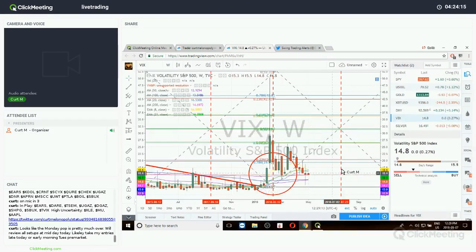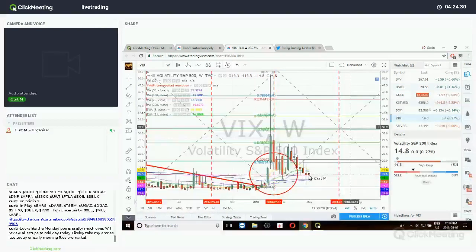Its next time cycle is going to come in right around July 16th. And if you start to see it work up, it's going to target on July 16th, 31.40. If it doesn't and it loses juice, it's going to target down here at $10.